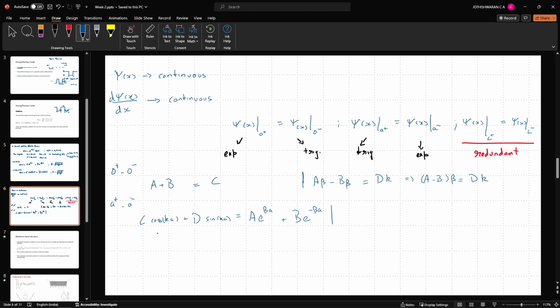And similarly over here, all I have to do is take the corresponding derivatives for these functions.